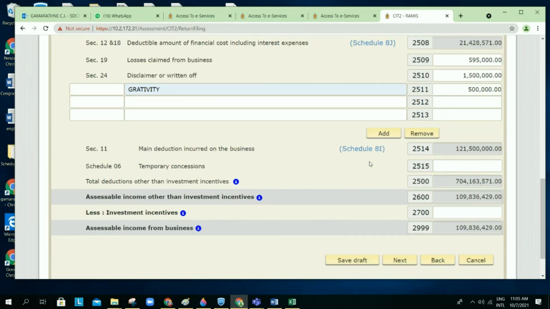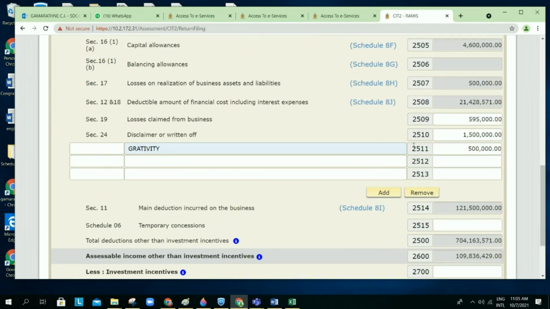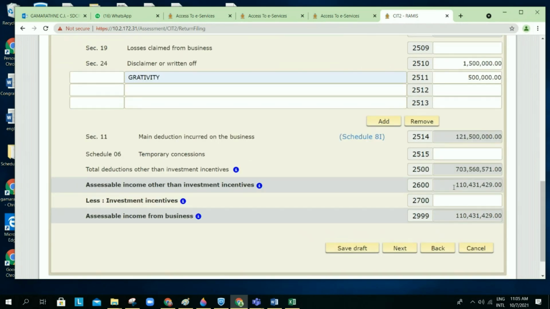Therefore, when you identify this value here, it is better, if you are going to match with the Schedule 2A value, that you should not enter the loss value here. But as a normal application, loss should be entered here, and you calculate the assessable income by considering the loss, right? But later we discuss how you have to consider the loss, business loss or the investment loss. At that point you can consider it, right? Otherwise, whatever calculation you make here may not exactly tally with the schedule, right?